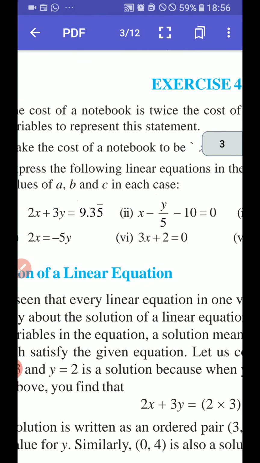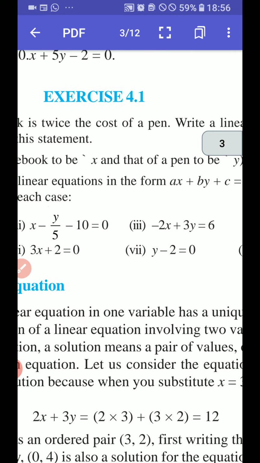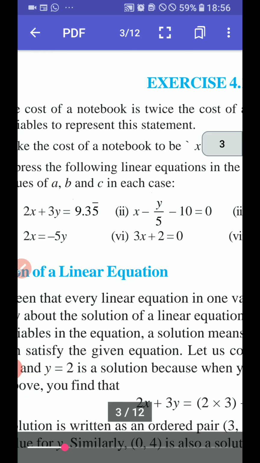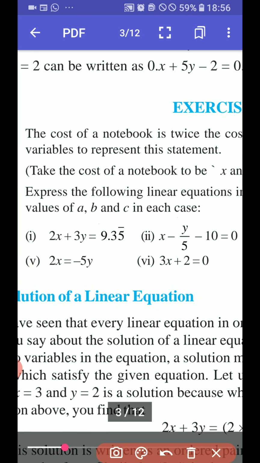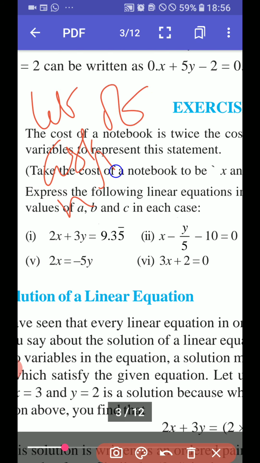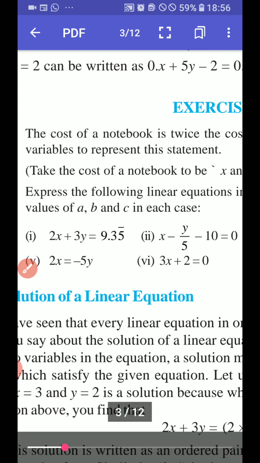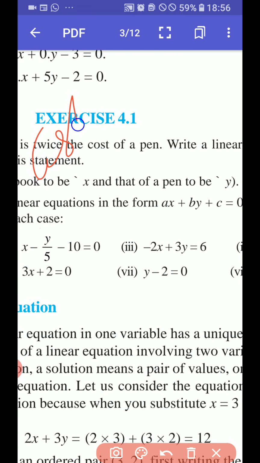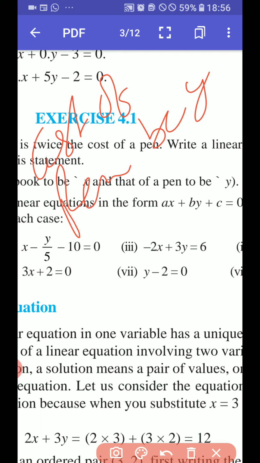Means since the cost of the notebook is twice the cost of the pen, let the cost of the notebook be x and the cost of the pen be y, right?